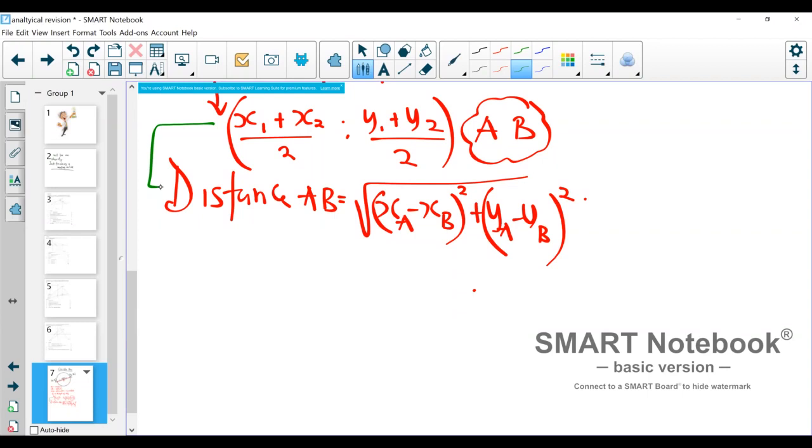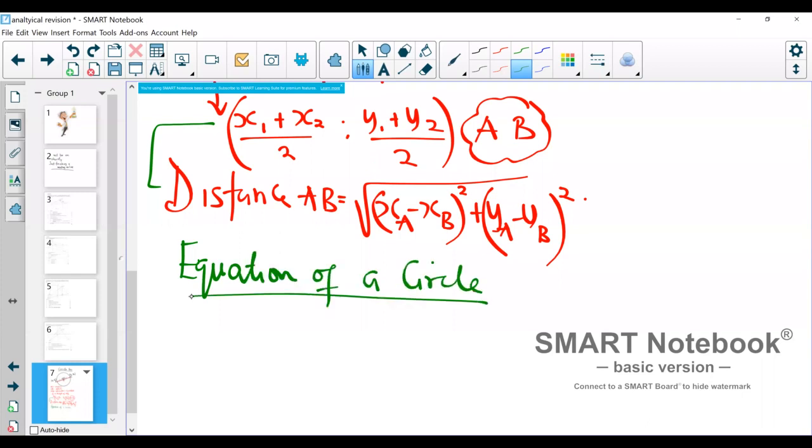So if we have that now, how then do we write up the equation of a circle? This is the main thing. Equation of a circle. Now, if we want to write the equation of a circle, what do we need to do? The equation of a circle is simply gotten from our distance formula.